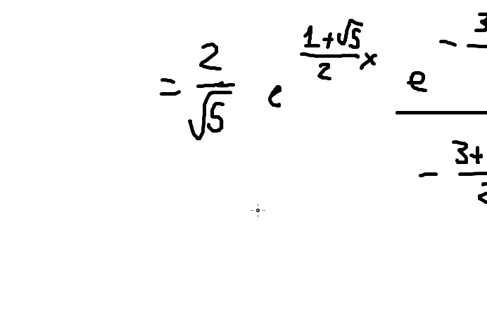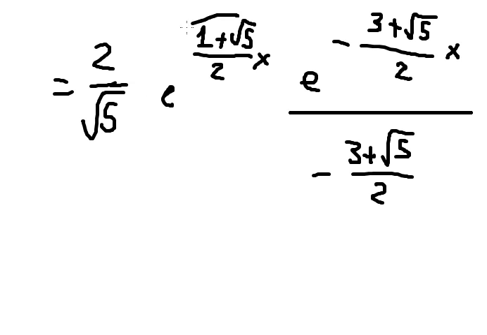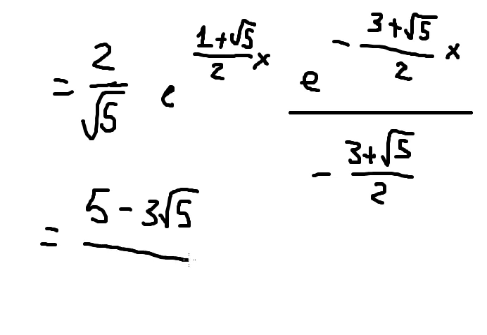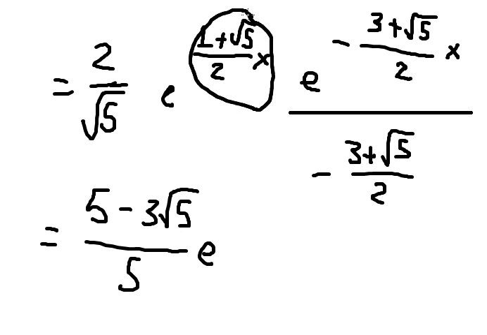So we need to simplify this one and this one divided by this one. So we have like this. So we have 5 minus 3 times the square root of 5 over 5. This one we minus this one. So we have negative s.